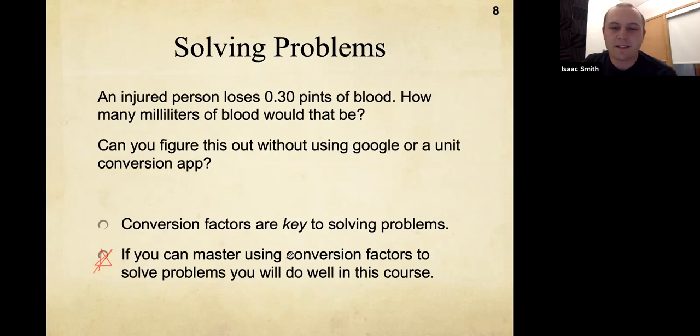Some of you might be thinking, why do I need to know how to do this, right? I have Google when I work as a nurse or a dietitian or whatever you're going into. You will have Google. You can do this on your phone, right? But don't think of this class as necessarily the knowledge that's preparing you for your certain field. Chem 101 in my mind is really a class on problem solving.